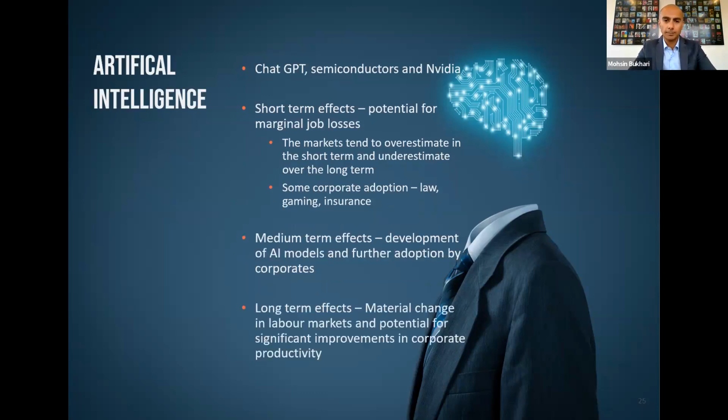However, over the long term, we do believe that there's going to be material change in the labour markets and the potential for significant improvements in corporate productivity. So, this is obviously not the first revolutionary bit of technology to come through. We've had many, many cases of this over the past few centuries, pre and post industrial revolution.